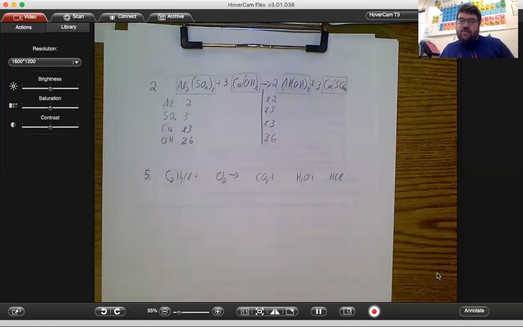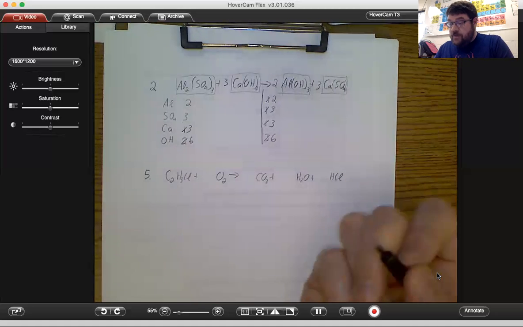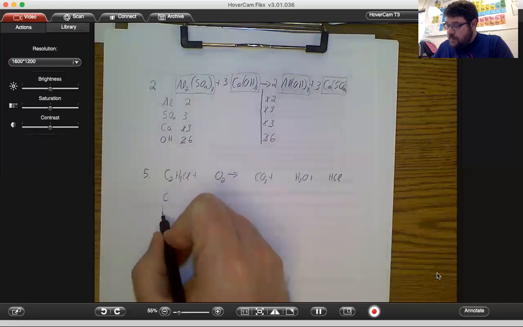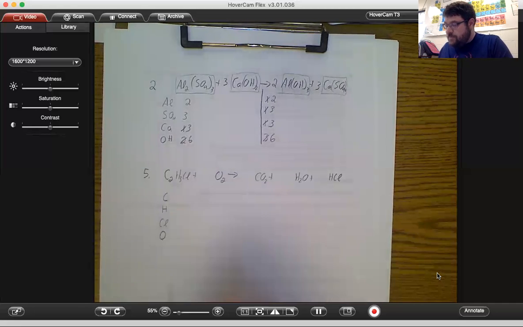Little more challenging one. Anytime you have multiple substances and different elements, or multiple elements in different compounds, it gets to be a little tricky. Nothing you can't handle. You're smart people. Element inventory, same as before. I have carbon, I have hydrogen, I have chlorine, and I have oxygen.